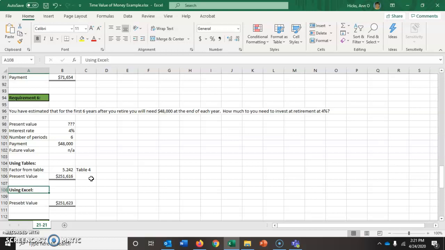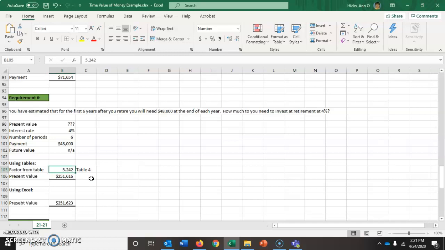So we need to know how much we need to invest today in order to do that. So we're solving for the present value. The interest rate is 4%. We have 6 periods. We need the $48,000, so that's our payment.